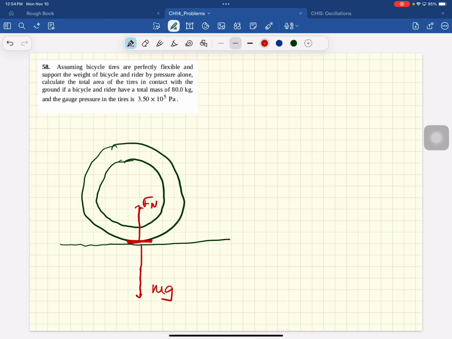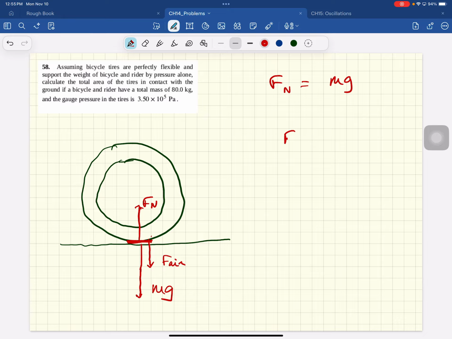Okay. Now, this is the normal force on the piece of rubber. There's the air pushing it down. So the reason this rubber is not moving is because this air is exerting a force, the force exerted by the air in the tires.